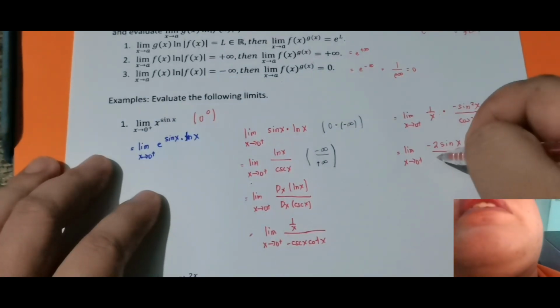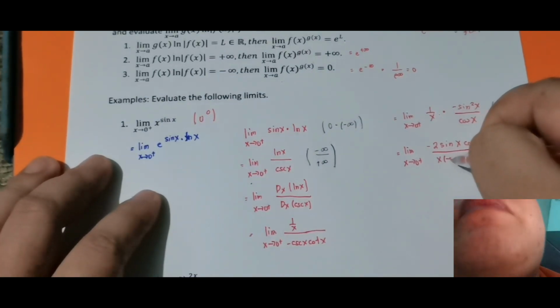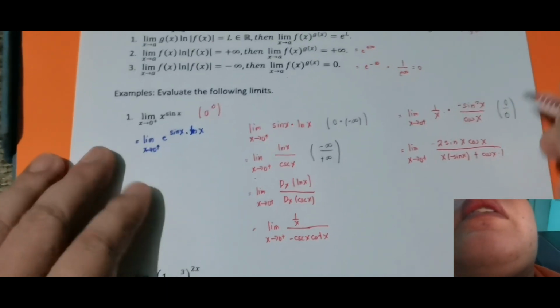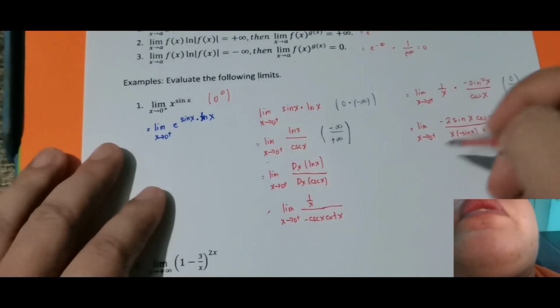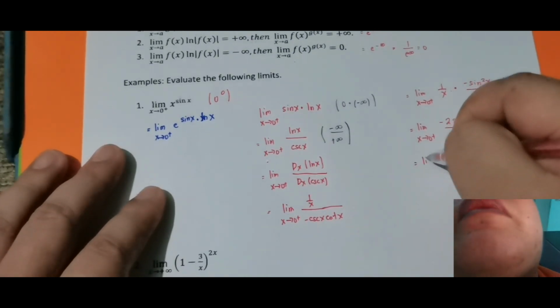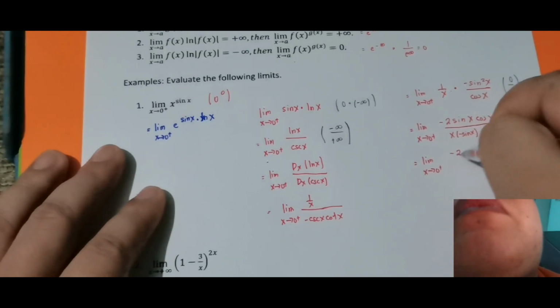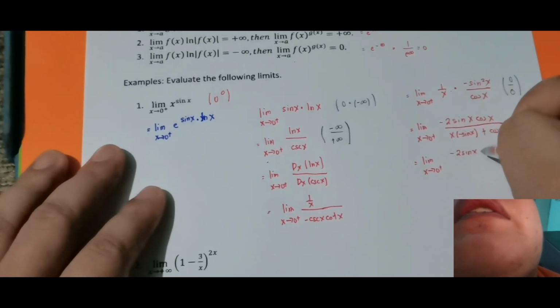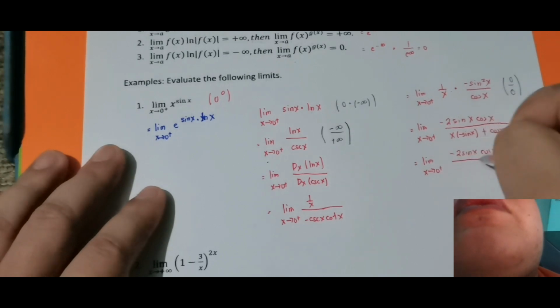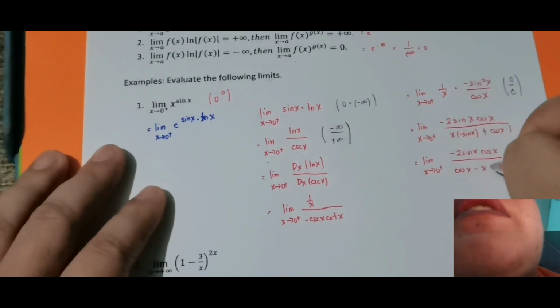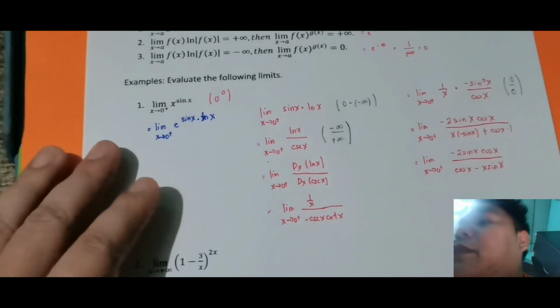So this is just x times negative sine x kasi derivative ng cosine is negative. Then plus cosine x times 1. Okay, so simplify natin further to. So this is just limit as x approaches 0 from the right ng negative 2 sine x cosine x all over, unahin ko na yung cosine x minus x sine x.